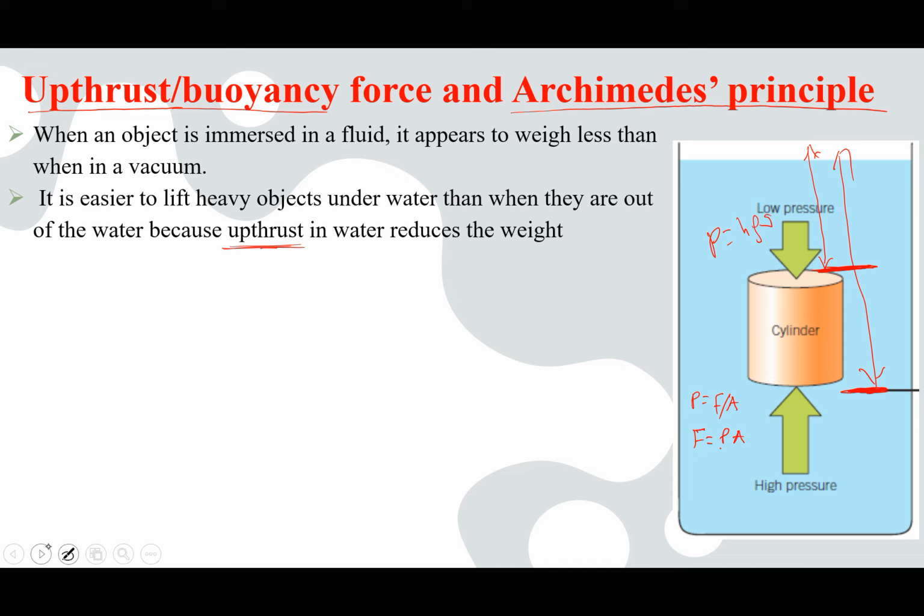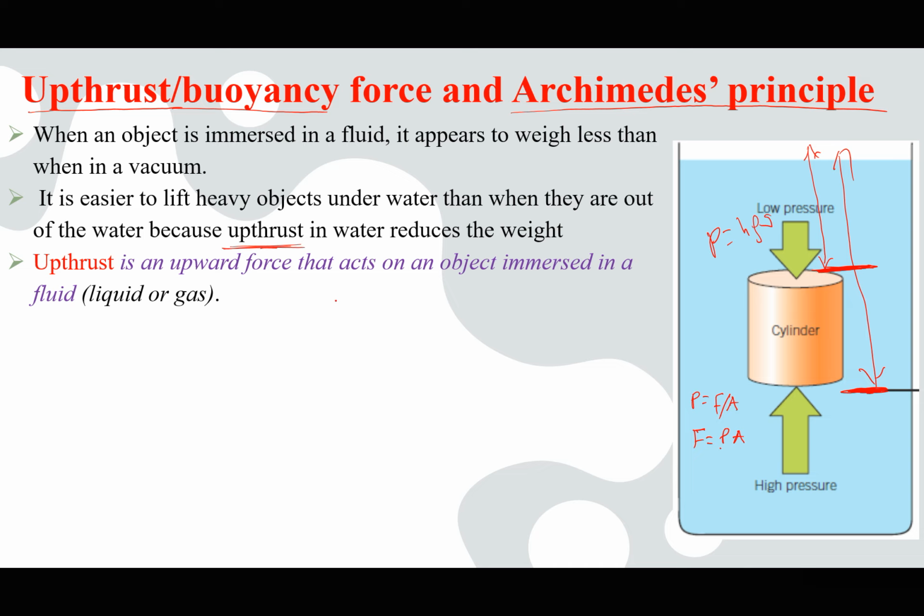So upthrust is an upward force that acts on an object immersed in a fluid. A fluid could be a liquid or a gas. That upward force which acts on an object immersed in a fluid is what we call upthrust. This force makes the object weigh less than its usual weight in air or in a vacuum.